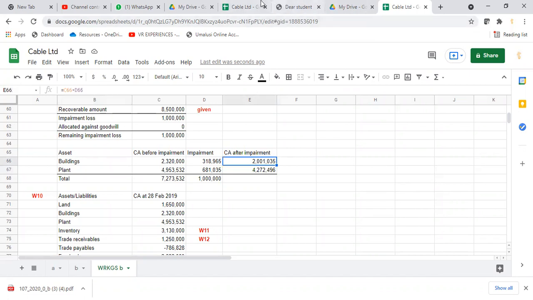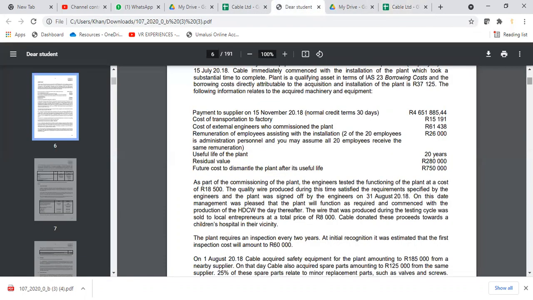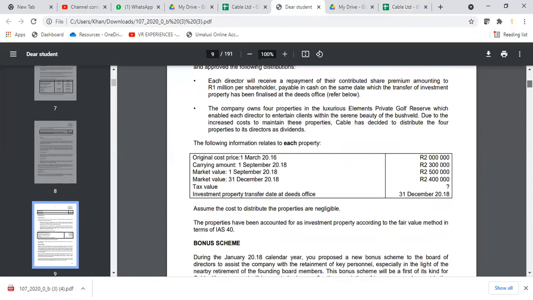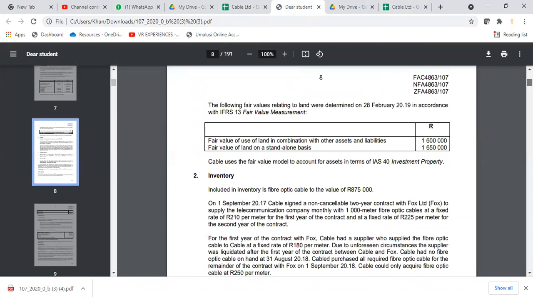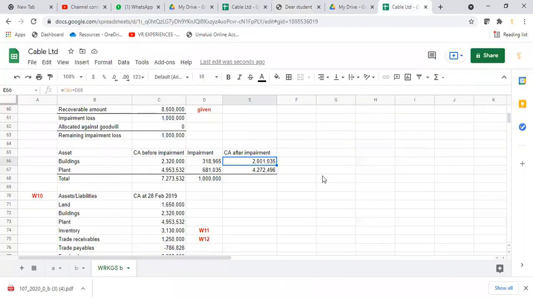So no, it actually is. We just go check quickly. Yeah, so they never gave us a recoverable amount as at 28 February 2019 for these two assets.